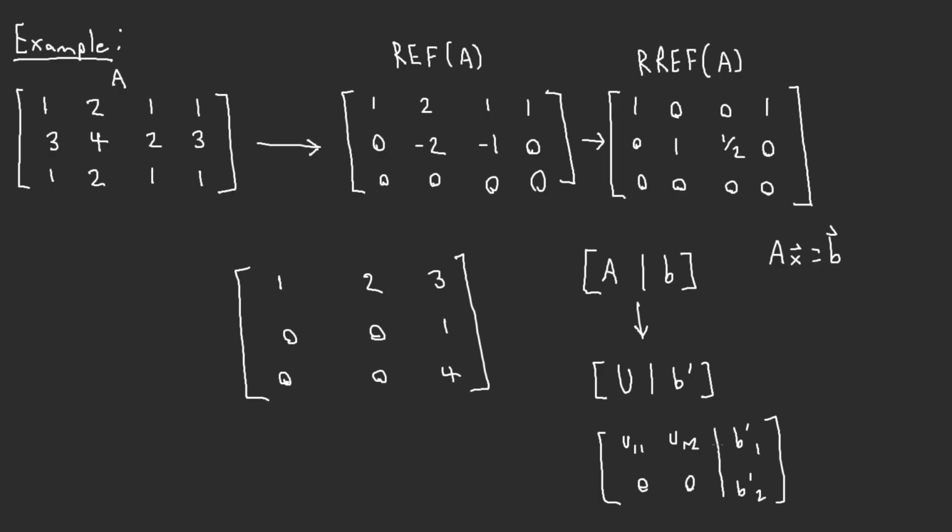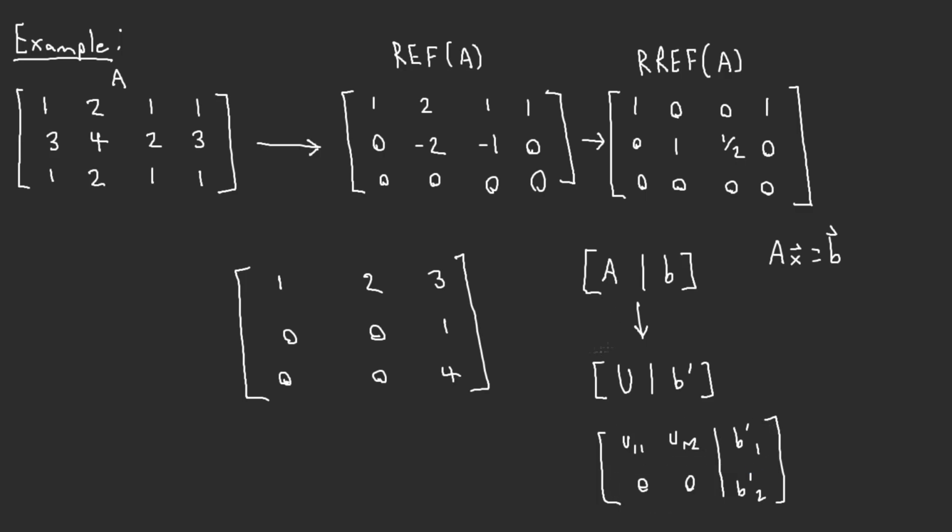the solution to this system is either going to be infinitely many or none, because there are only two possibilities here. On the bottom here, remember, this is the combination of variables, so this is saying taking none of those variables. Either that's going to equal 0, and then there will be infinitely many solutions, because it will just be the combination of variables that satisfies u11 times x1 plus u12 times x2 equals b prime 1, which is just a line.